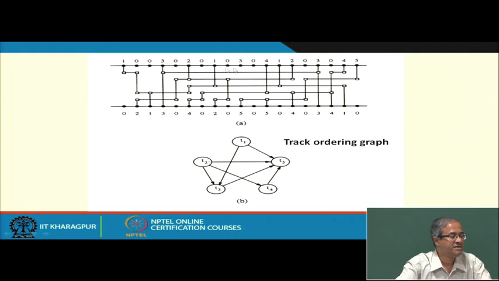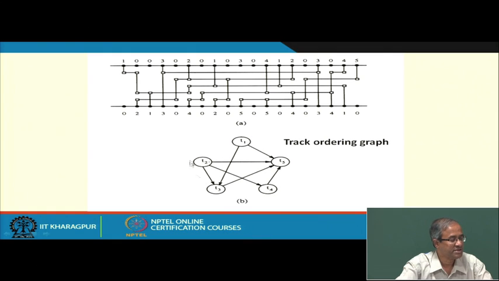This was a channel routing problem which was given, and this was the corresponding track ordering graph, that is, which track has to be placed before the other. So, I am not going into detail how this was done, but this is fairly straightforward. Okay. This is a graph which was created using the Yoshimura-Ku algorithm. This is the graph corresponding to the one which we obtain after merging the nets, as in Yoshimura-Ku 2 layer solution.